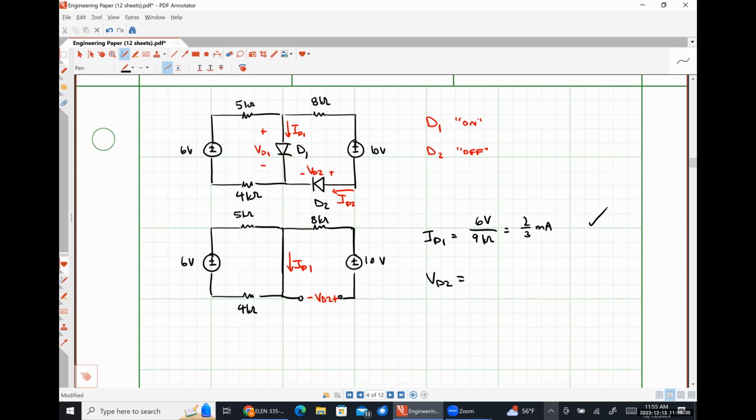All right, so what's the voltage drop across the 8 kilo ohm resistor? 0 volts. So the positive polarity terminal of this 10-volt source gets to move all the way over here because there's no voltage drop across the 8 kilo ohm resistor. So the positive polarity terminal of the 10-volt source is the negative polarity terminal of VD2. The negative polarity terminal of the 10-volt source is at the positive terminal of VD2. So VD2 is negative 10 volts.